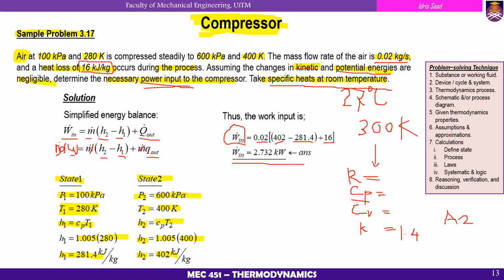Now we have studied four components. The first one is the nozzle, the second is the diffuser, the third is the turbine, and the fourth is the compressor. All of these four components are based on the energy balance equation. My suggestion is you cannot remember the equation for each particular device.